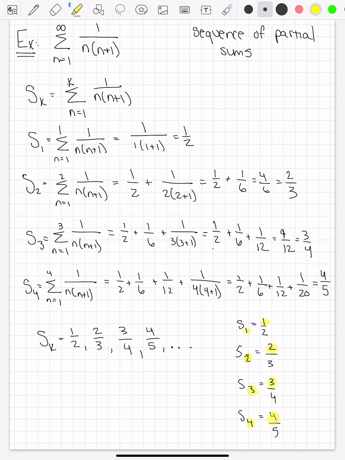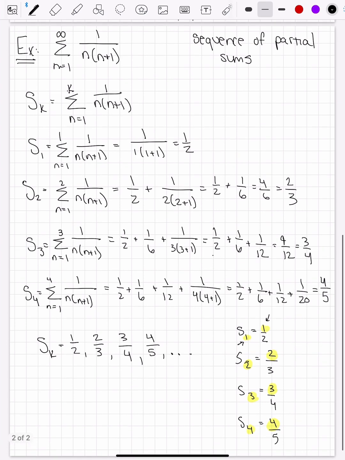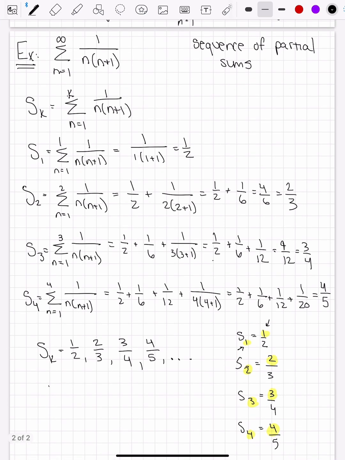And then the denominator is just one greater than that. So you always try to find a relationship between the value of the term and the index of the term that you're on. So we can write a formula for Sk as k over k plus 1: the numerator matches the subscript, that's what we observed, and the denominator is just one above the numerator.